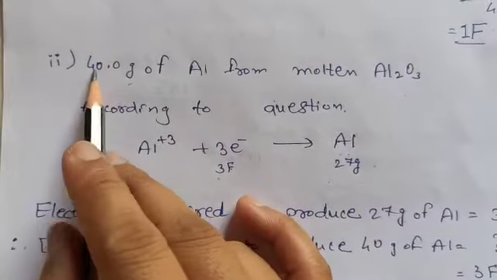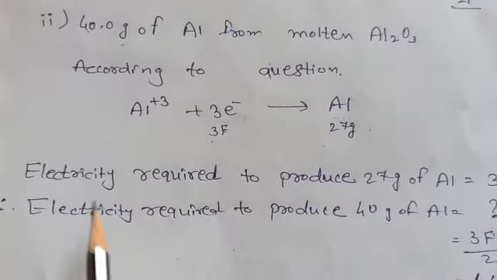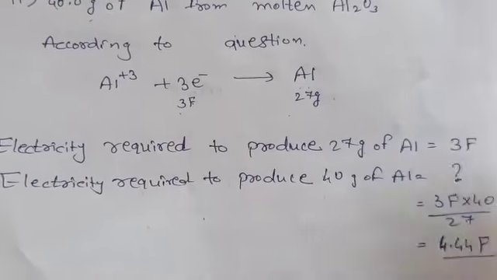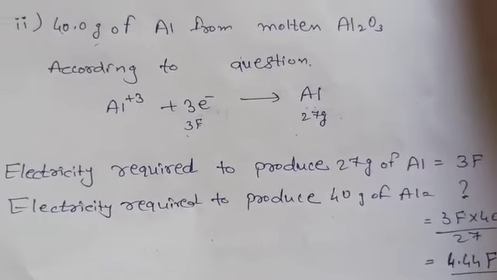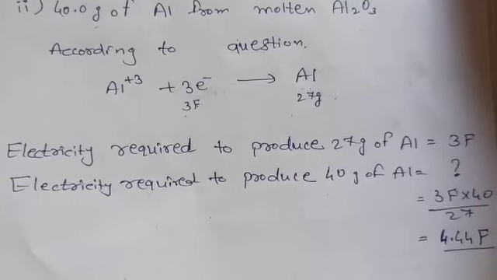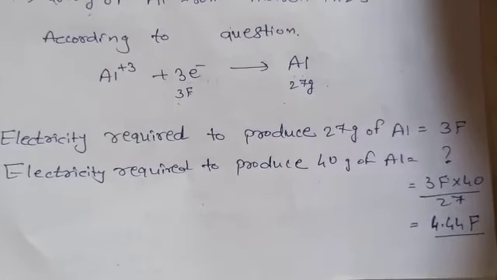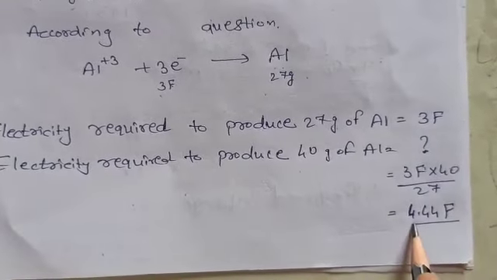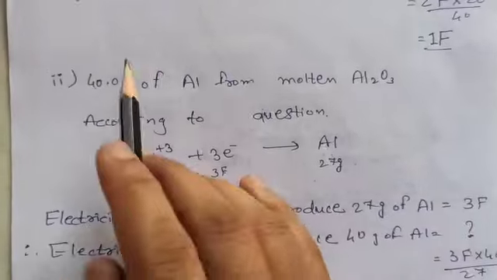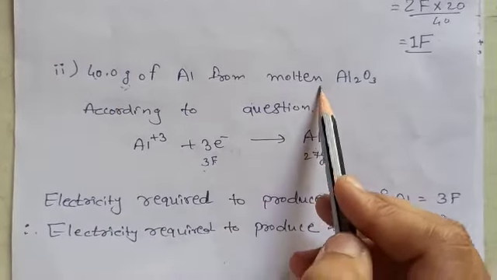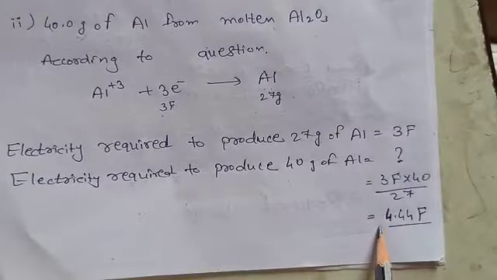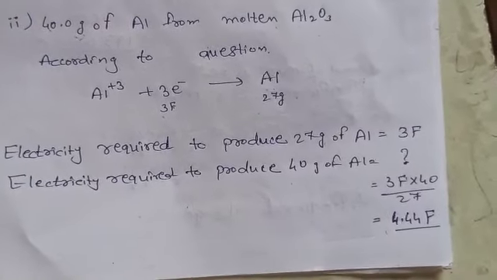In the question 40 gram of aluminum is given, so we can write that electricity required to produce 27 gram of Al is 3 Faraday. Then electricity required to produce 40 gram of aluminum is how much? Cross multiply, you will get the answer 4.44 Faraday. Means for the deposition of 40 gram of aluminum from Al2O3, we require 4.44 Faraday electricity, right?